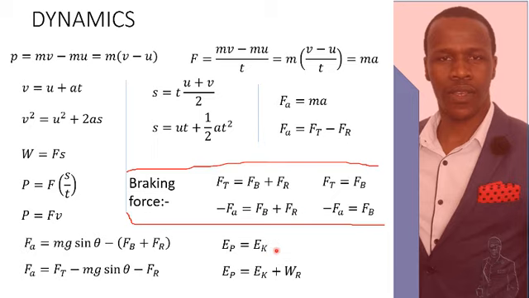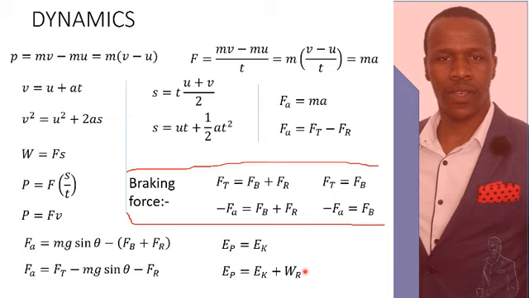We can use this. But if we are given the frictional force, then we should include the work done against friction. So the loss in potential energy will equal the gain in kinetic energy plus the work done to overcome friction.